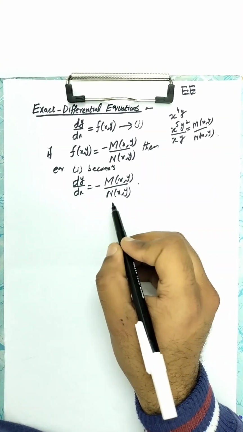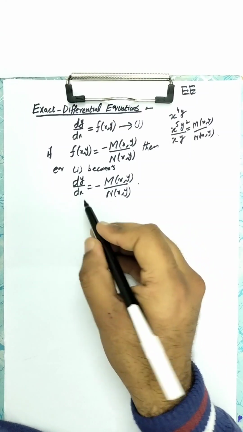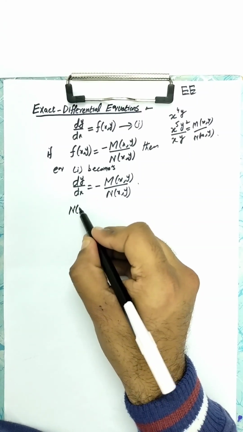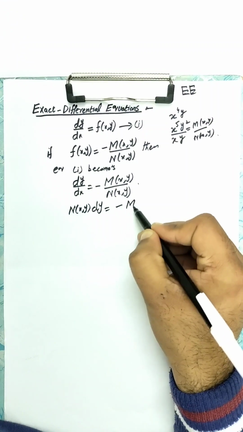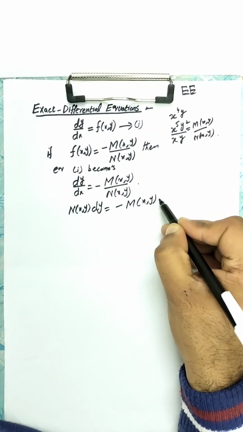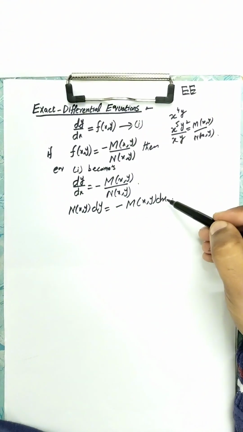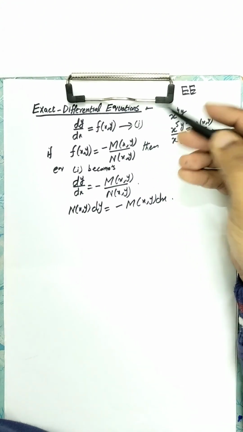In differential form we write N of xy dy is equal to minus M of xy dx. So this is the differential form of equation 1.